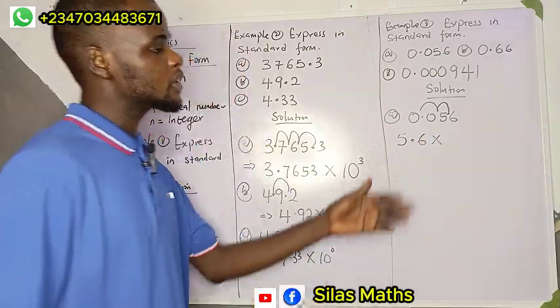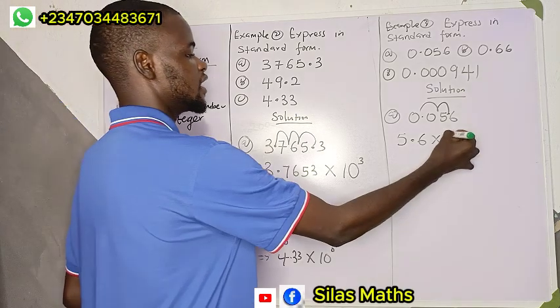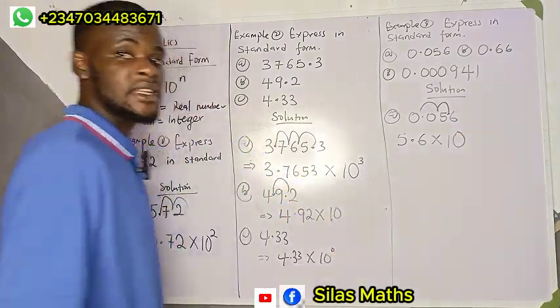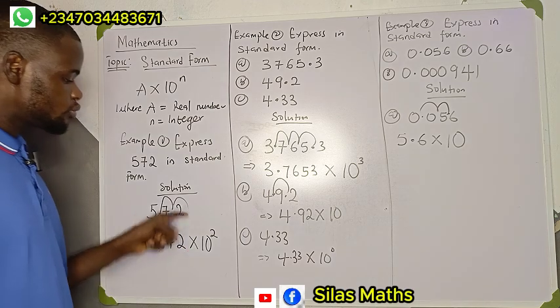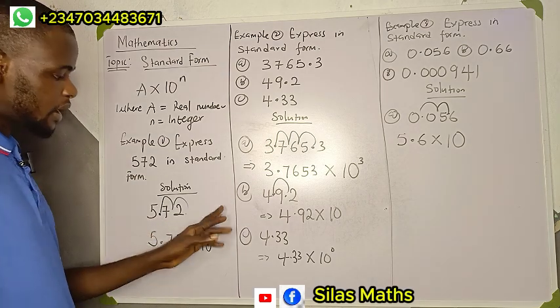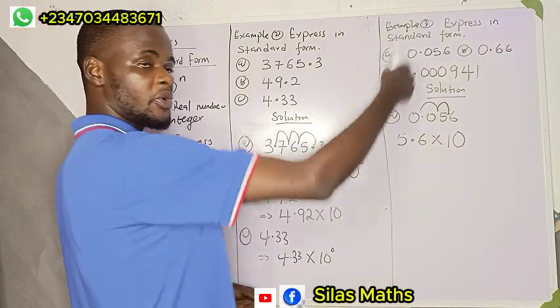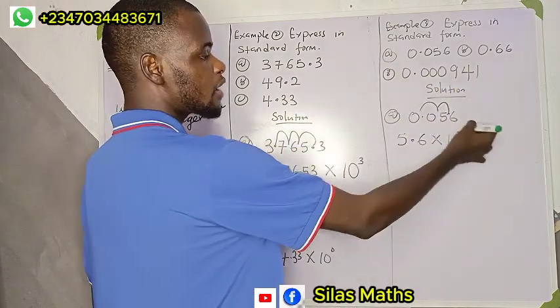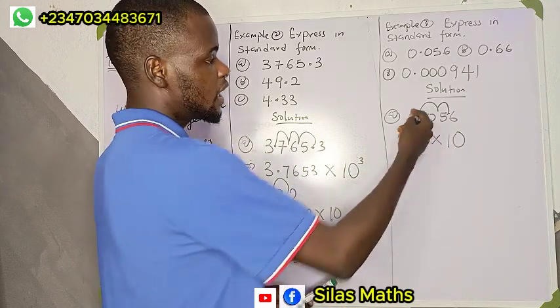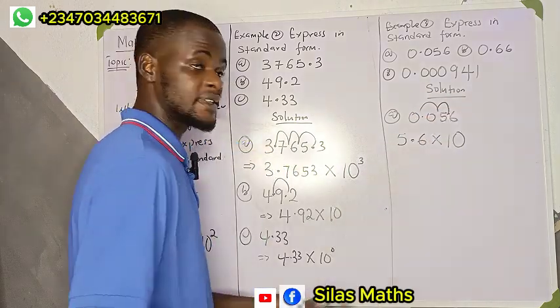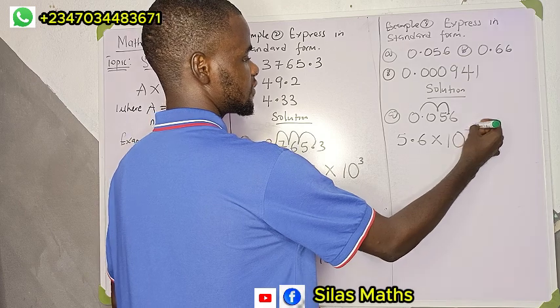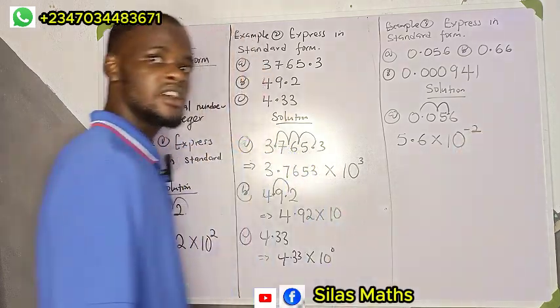Now the question is, what will the power of 10 be? Recall what I said when I was explaining this, that when you move the point backward, the power of the 10 will become a positive number, but this time around we are moving the point forward. So my power of 10, instead of it to be 2 like we moved 2 times, is going to be -2, right? -2, that's a negative integer, right?